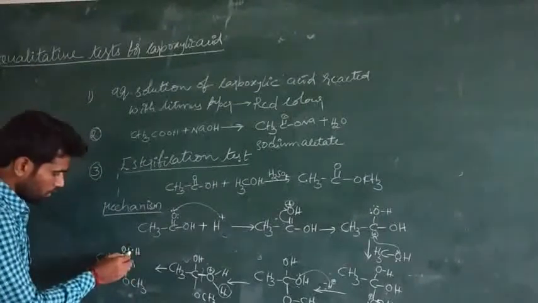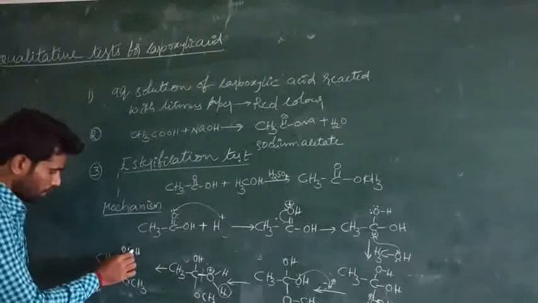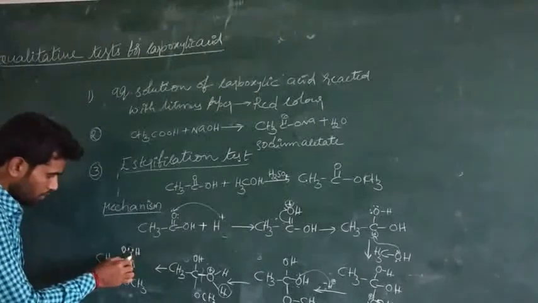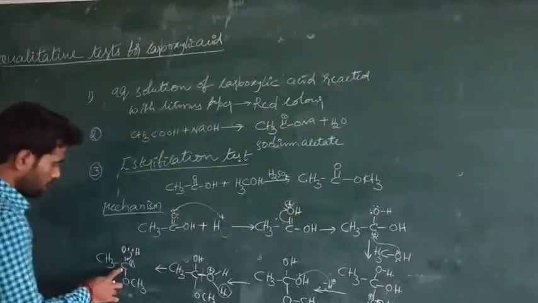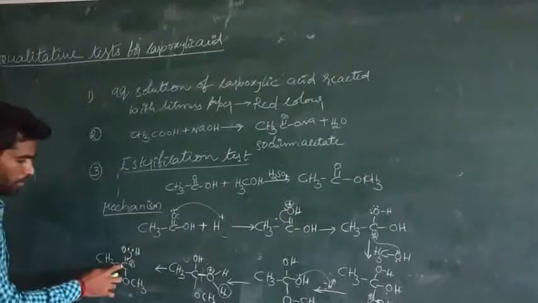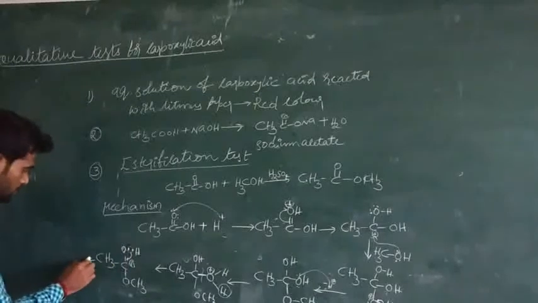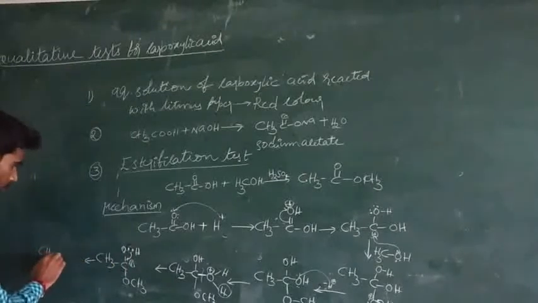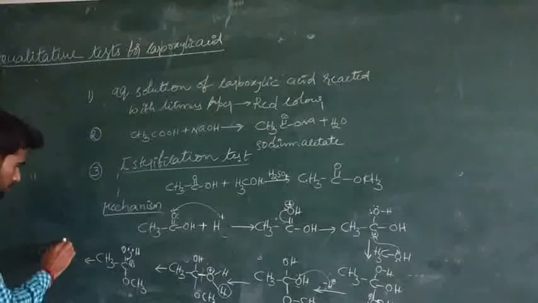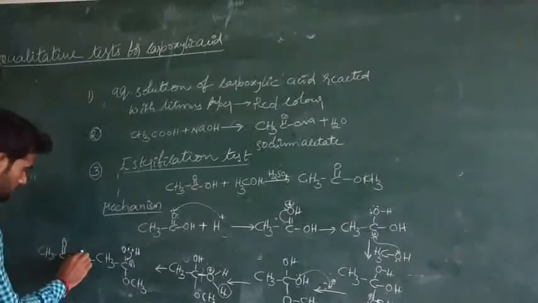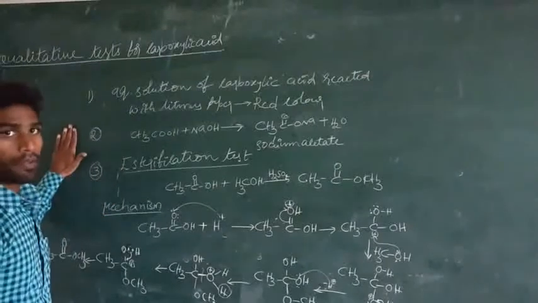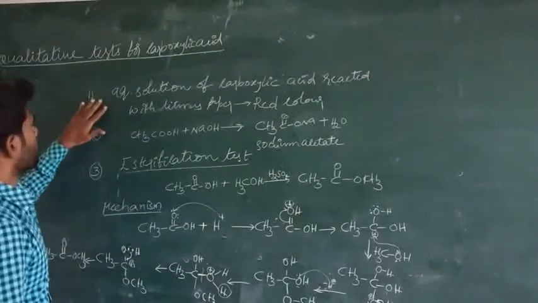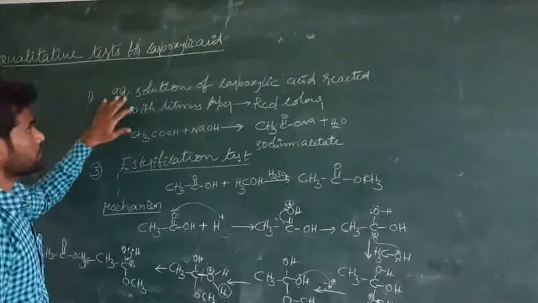Both electrons are taken by the oxygen, and this electron density shifts between the oxygen and carbon, and a double bond is formed between the carbon and oxygen atom.